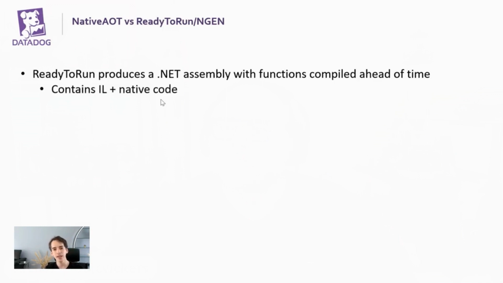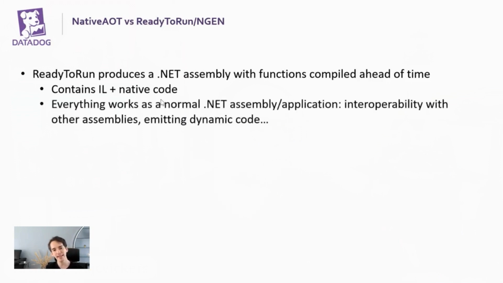So it's going to contain IL plus native code, and it's going to behave exactly like a normal .NET assembly. And so you can do everything that you could normally do, like load it dynamically, emit dynamic code, and so on. There is really no other difference with a normal .NET assembly, except that it contains native code.